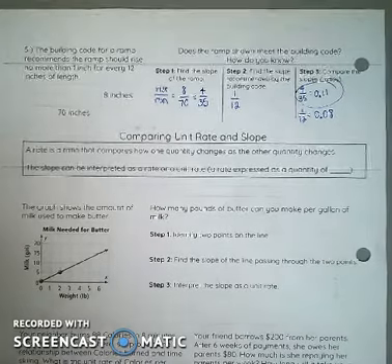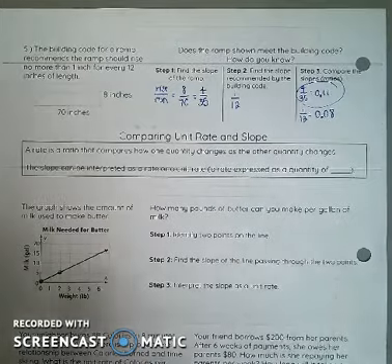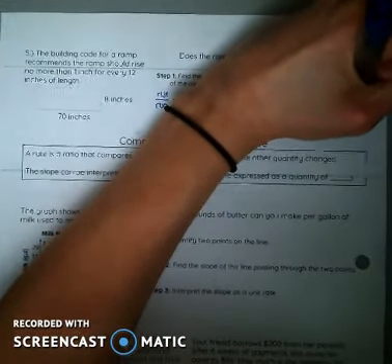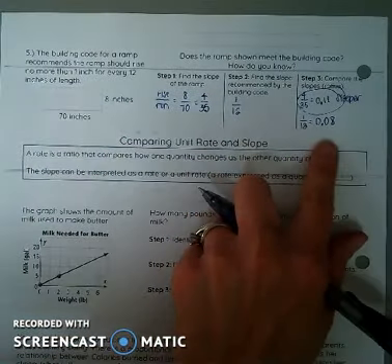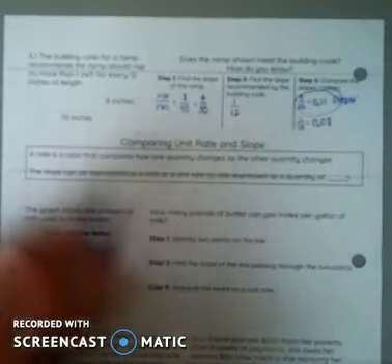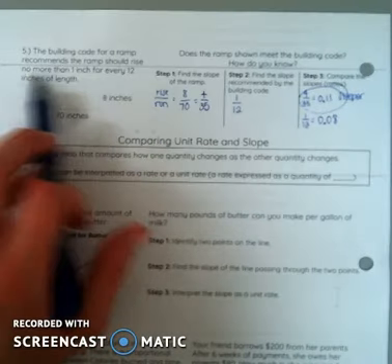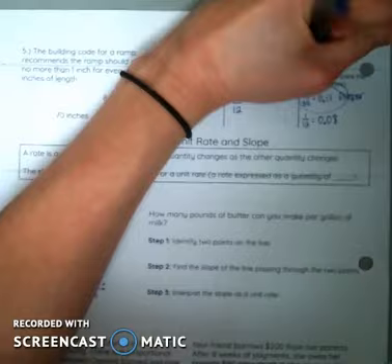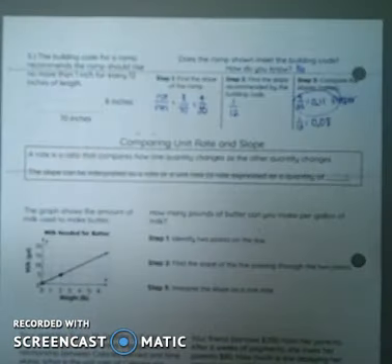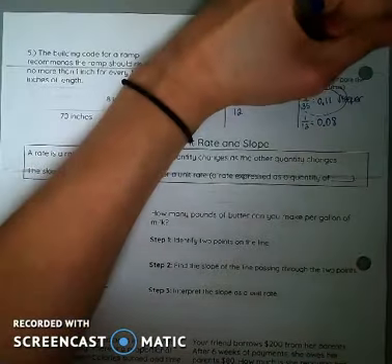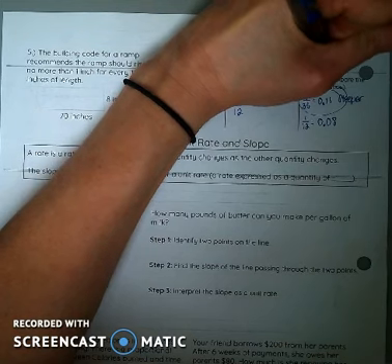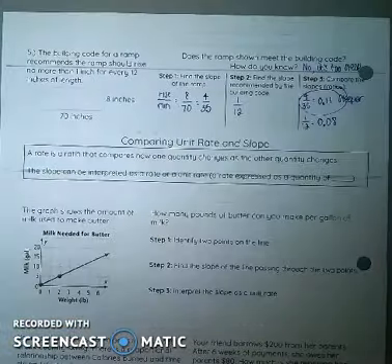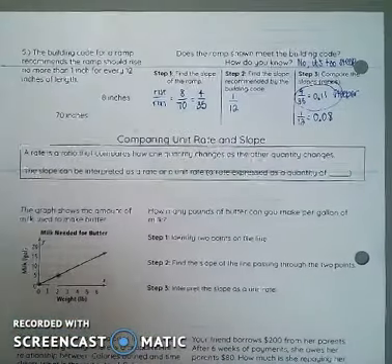Keep in mind with this problem that they said the recommendation is the highest that it could be. It says they recommend no more than 1 inch for every 12 inches of length. So we would say that no, this doesn't meet building code because it's too steep. Because the slope is too steep, it's not going to meet the building code.